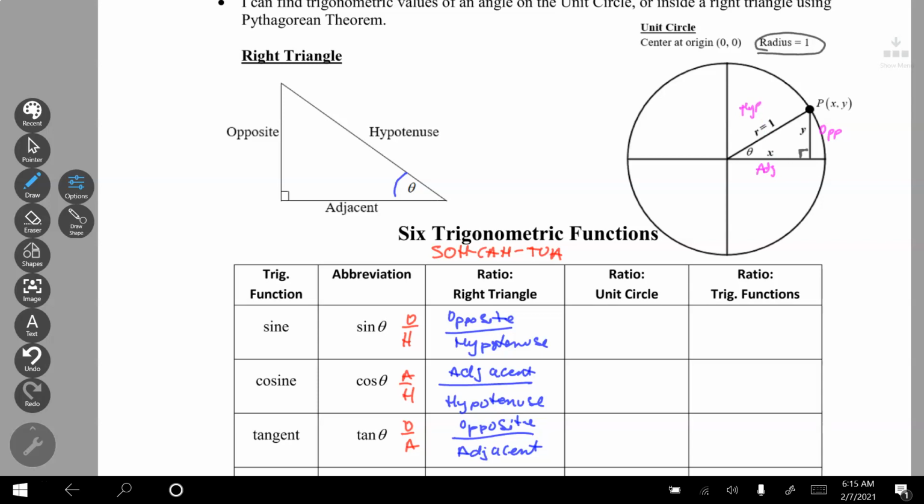So when I do it in the unit circle, sine is opposite over hypotenuse, which is y over 1, cosine is adjacent over hypotenuse, which is x over 1, and the tangent is going to be opposite over adjacent, or y over x.